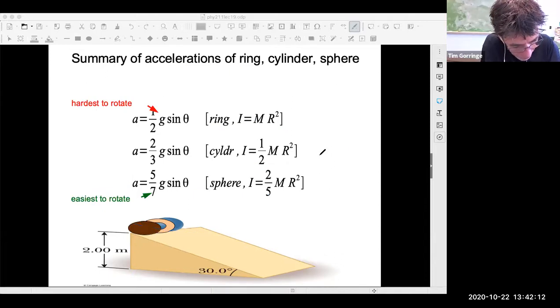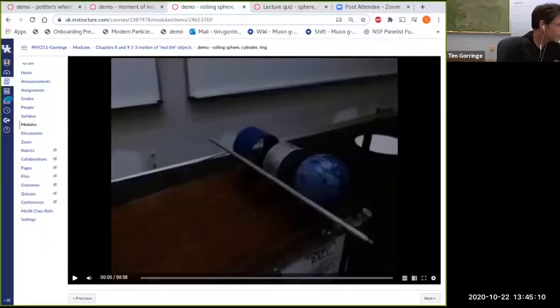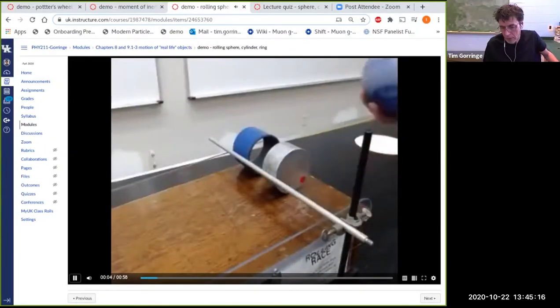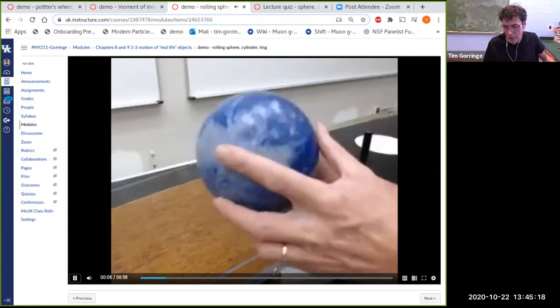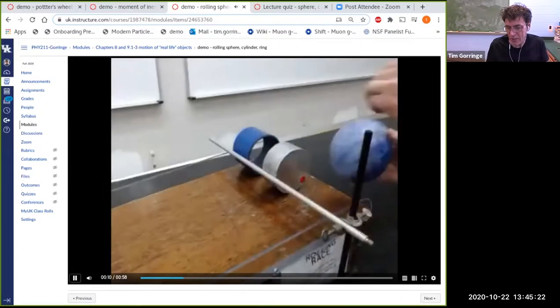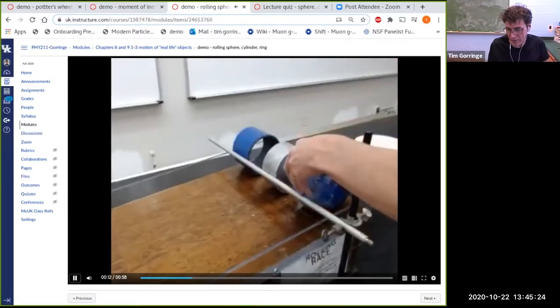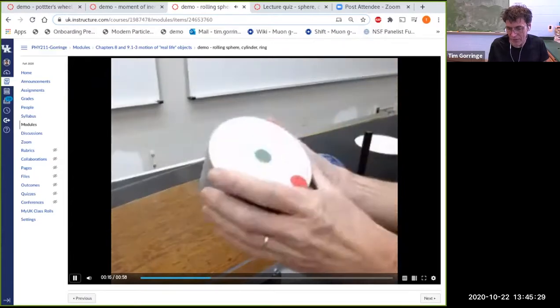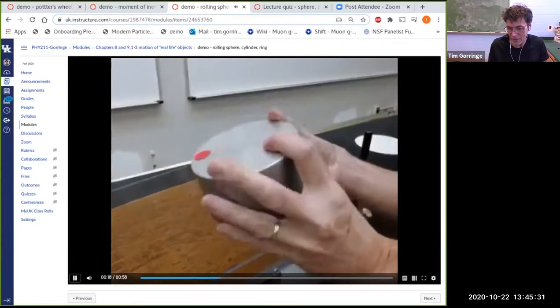So I got a quiz here. So here we are in the large lecture room. I got the blueberry. It's a nice solid sphere. I got the cookie. That's a nice solid cylinder.